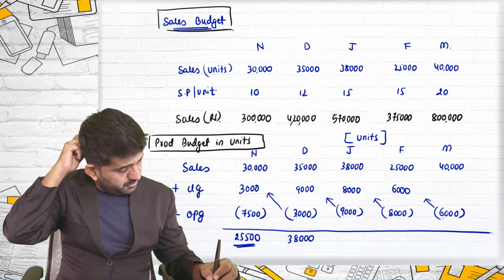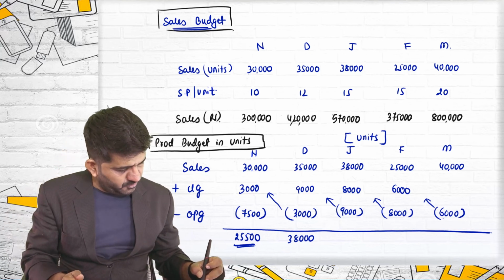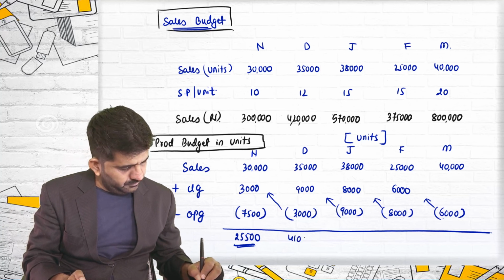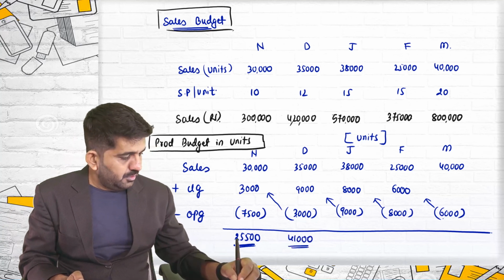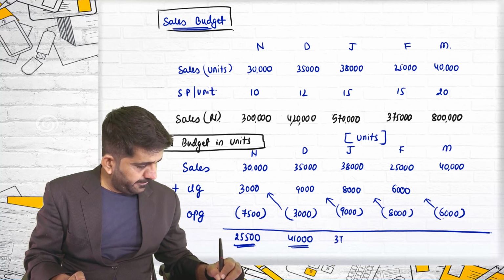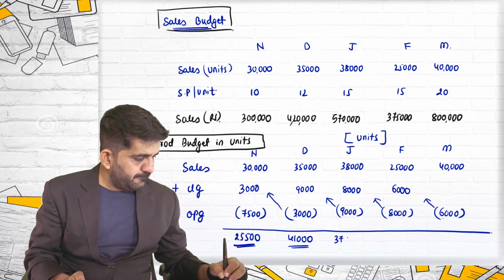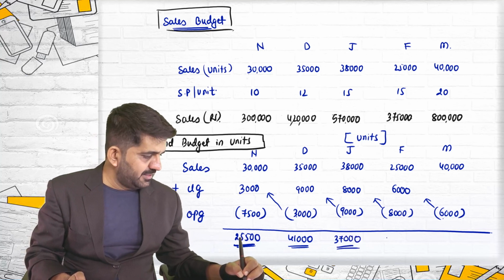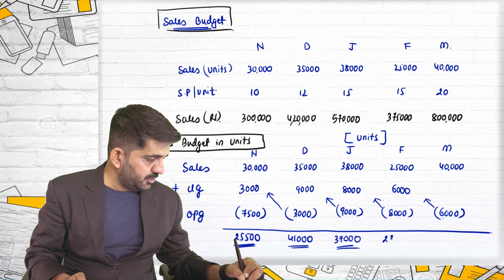No, this is 35, 44, so this is 41,000. This is 46 minus 9, 37. 31 minus 8 is 23.